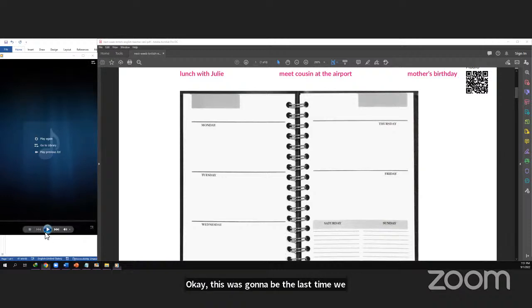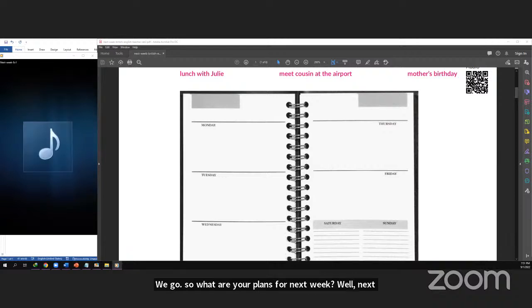Here we go. So, what are your plans for next week? Well, next week I'm going to be very busy. On Monday, I'm going to have lunch with my friend Julie. Then in the evening, we're going to the cinema. And on Tuesday? On Tuesday, I'm going to meet my cousin at the airport. At the moment, she's living in France, but she's going to visit me for a few days.